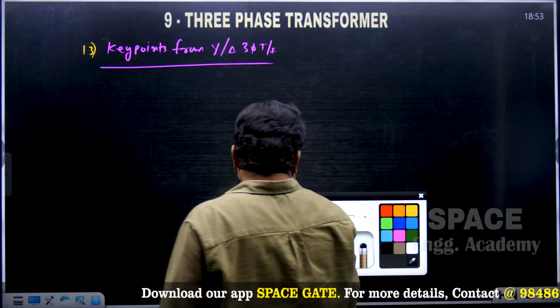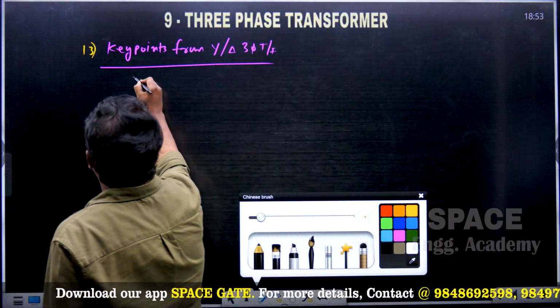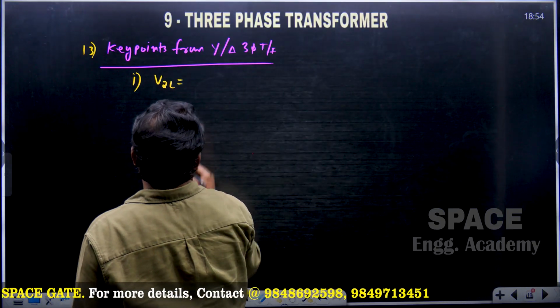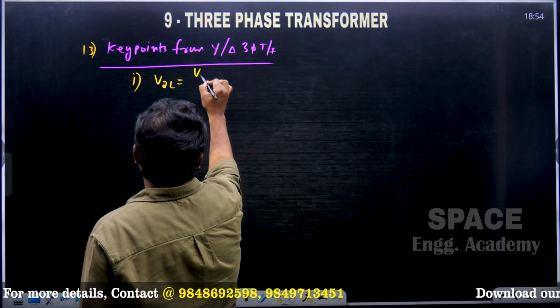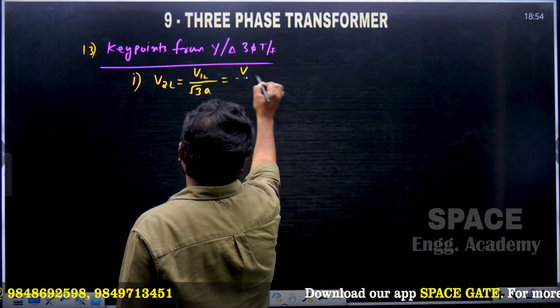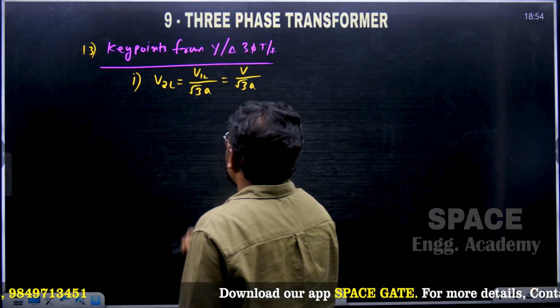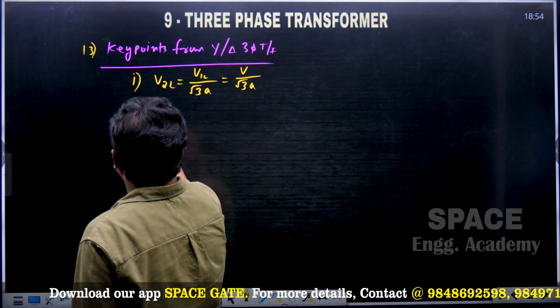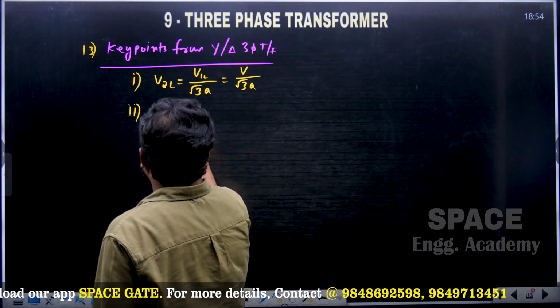So how do we find out the secondary line voltage? The secondary line voltage V2L is equal to V1L divided by root 3 A, that is V by root 3 A, for the star delta 3-phase transformer. And second one is I2L, the secondary line current.